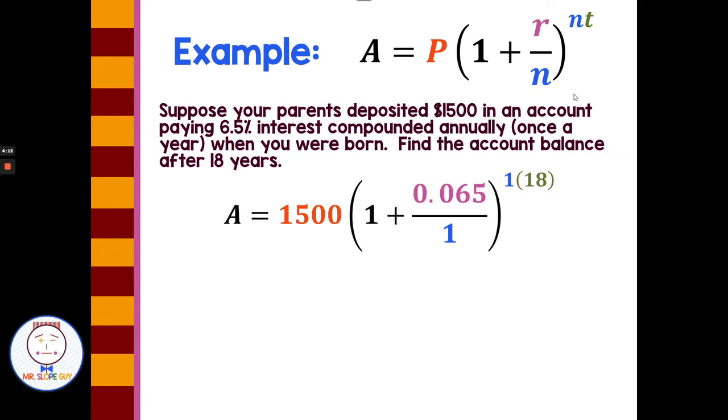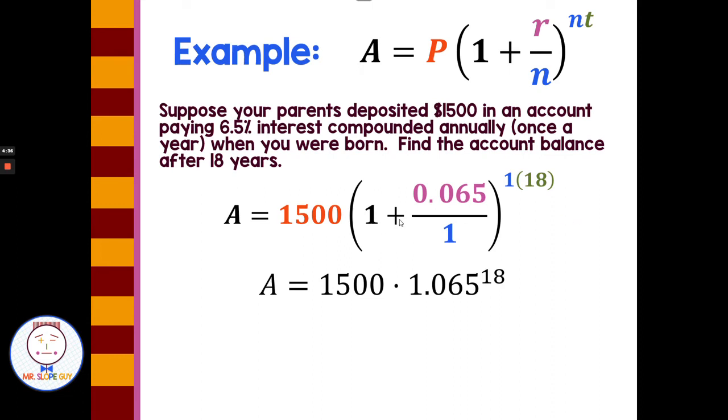So we substitute into our formula. We're going to put in $1,500 for the principal, 6.5% as a decimal, 0.065. And how many times are we paid that? Once per year. And we want to know after 18 years. So we have a divide by 1, which is just the original. We have a multiply by 1, which is just the original.